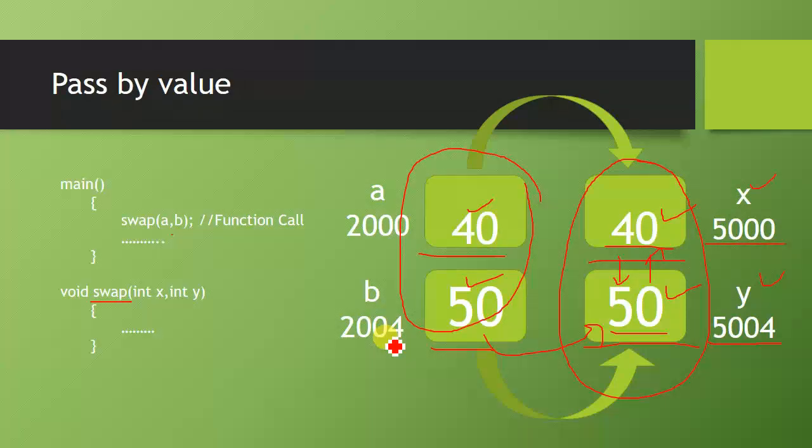That is pass by value. You are making changes at a different memory location. If you want to see those changes on the other memory location, you have to make changes at the different memory locations separately. So this is your pass by value method.